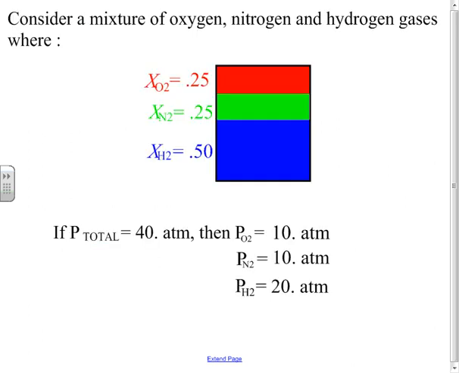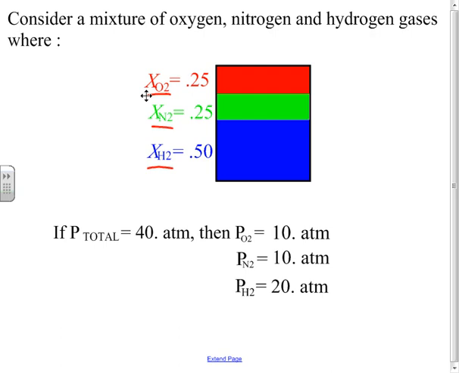Another way to think of Dalton's law of partial pressures is that the total pressure is equal to the sum of the amount of each gas that is present. In other words, mole fraction is directly proportional to partial pressure.